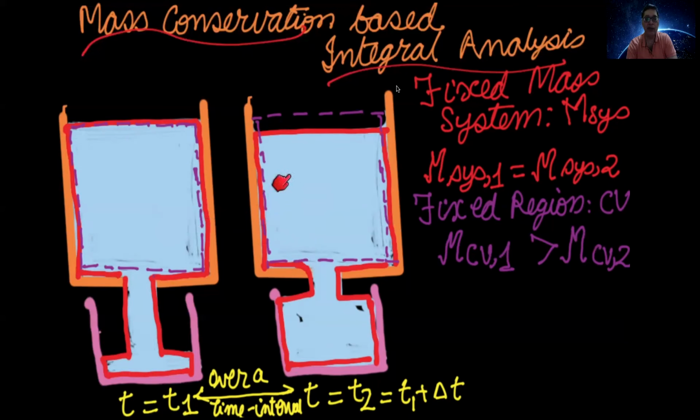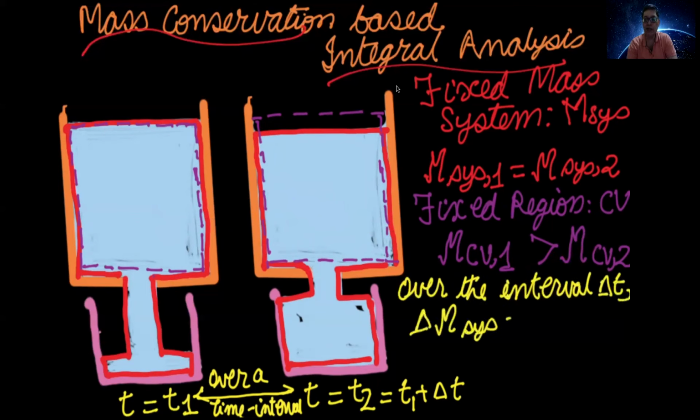At T2, the mass of the liquid within this dashed region has reduced. So the mass of the control volume at 1 is greater than the mass of the control volume at 2. If you compare over the time interval of delta T, the change in the mass of the liquid inside the system is 0, because the mass of the liquid within this red enclosed region is conserved.